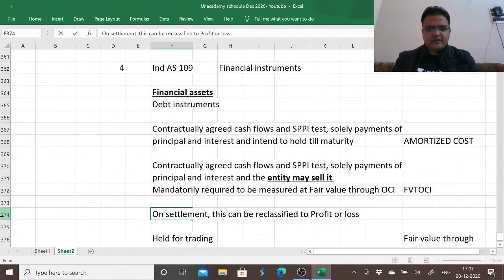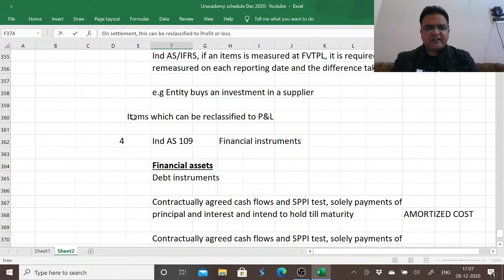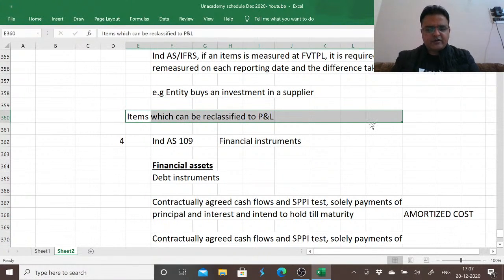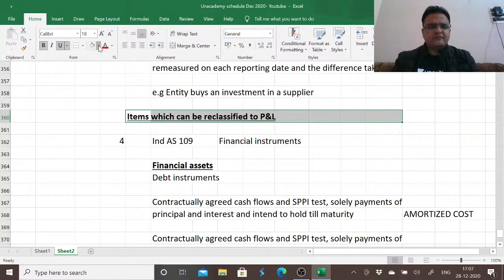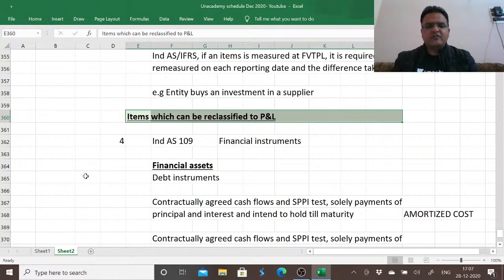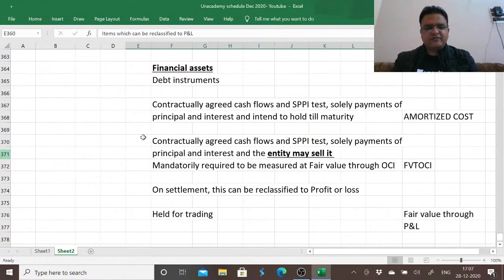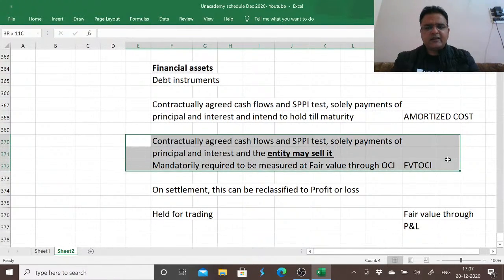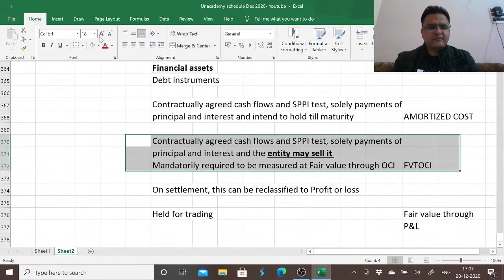So this is the reason this is an item which can be reclassified to P&L. So we did not say that this can never be reclassified to P&L. This can be reclassified to P&L. So in settlement, this area which is measured at fair value through OCI can be reclassified to P&L.